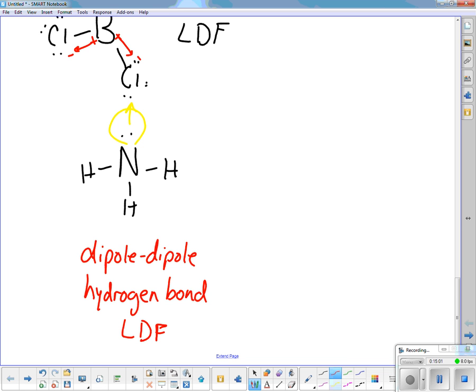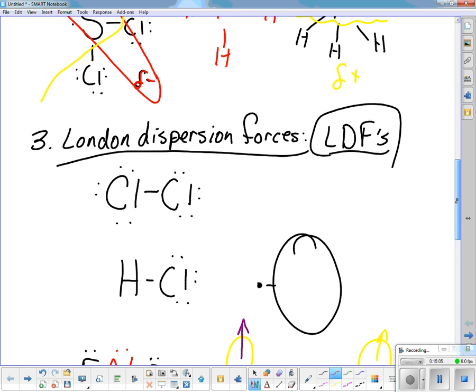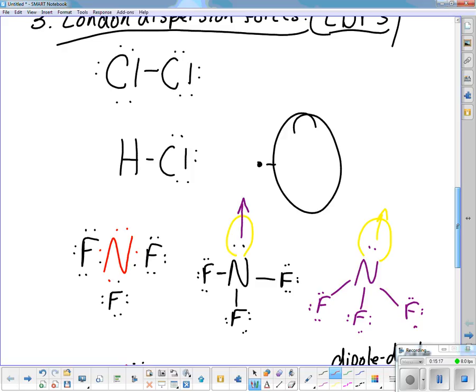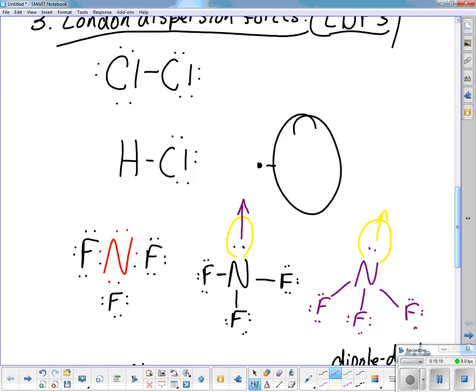So when we did up here, let me bring this back up. When we did hydrogen to a chlorine, we had an LDF, but because it was a little too small, it's a very strong LDF. Okay? That wouldn't be affected by, would it?